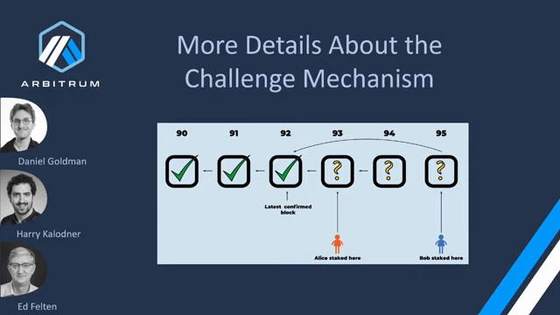You want people to be able to run a node on a Raspberry Pi because decentralization of the network is critical to its security, because it needs to have 51% honest nodes. Whereas optimistic rollups in general don't have that sort of requirement, it means that you can compromise a bit more on the hardware necessary to efficiently run a validator without any decrease in security, which is very nice.